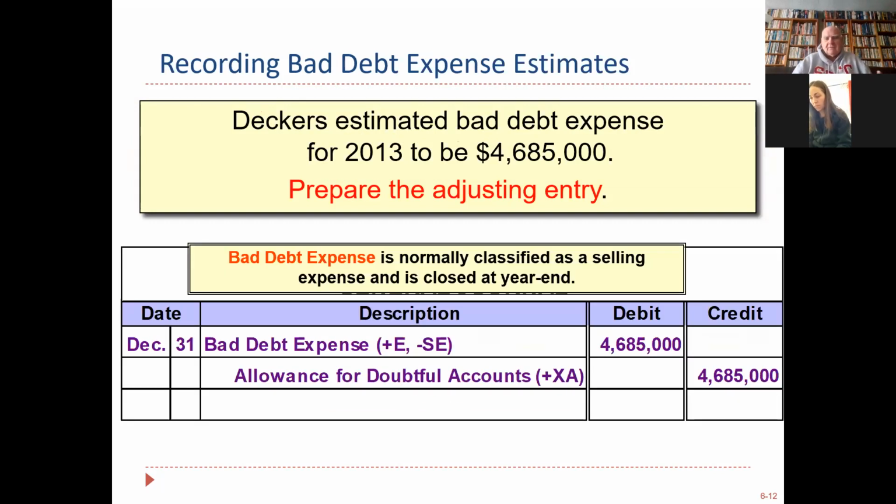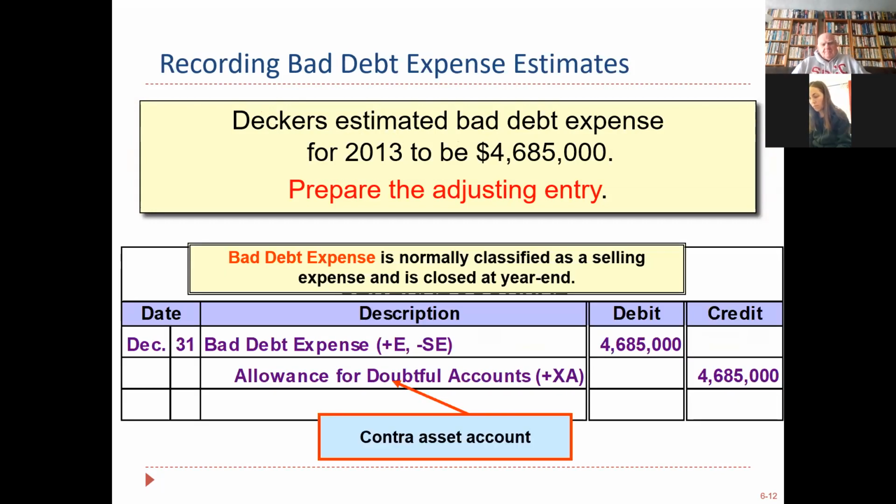So take a look at this, everybody. Look at that journal entry. Bad debt expense debit. What is the only account you can possibly credit when you're debiting bad debt expense? It's the allowance. It's the allowance. So if you're looking at a T account of the allowance and you see a credit, you know the debit was the bad debt expense. So this entry is always the same. Debit, bad debt expense, credit, allowance for doubtful accounts, which is another contra receivable account, okay?